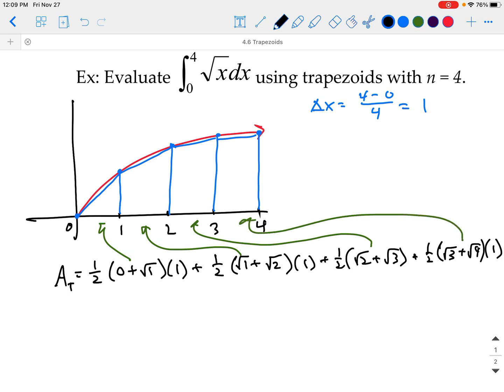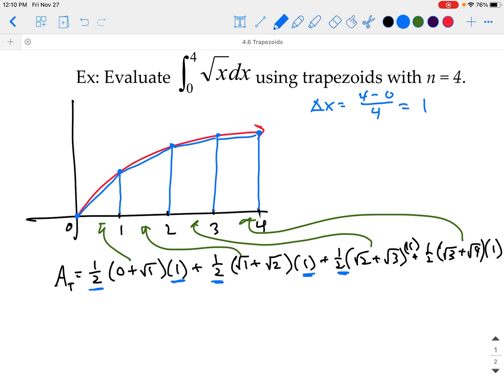Now, as we did with rectangles, we can really simplify it as the height times all of the sum of the heights. This one's going to be a little bit different in that it's going to be this 1/2 times delta x, right? So we don't just have base times height, we've got 1/2 and delta x. Oops, I forgot a delta x here.